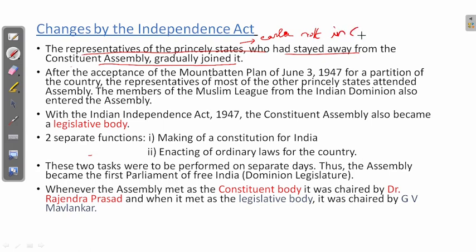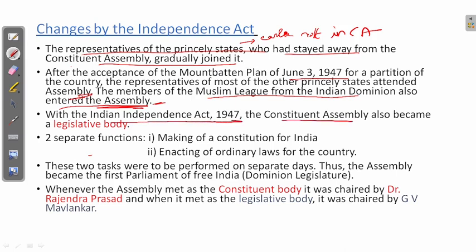Now, by the changes in the Independence Act, princely states also joined the Constituent Assembly. Next, after the acceptance of the Mountbatten Plan of June 3rd, 1947, for the partition of the country, the representatives of most of the other princely states attended the assembly. The Muslim League was also not a part of this earlier, right? Even they entered.